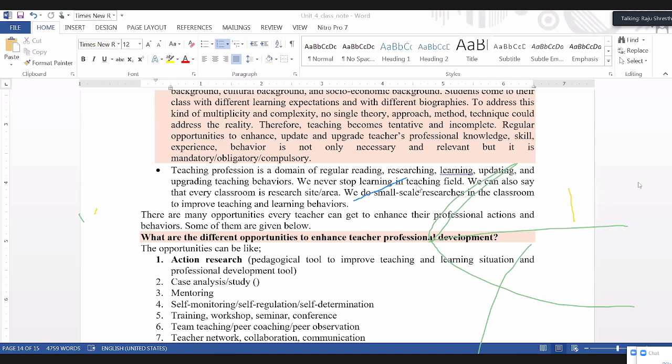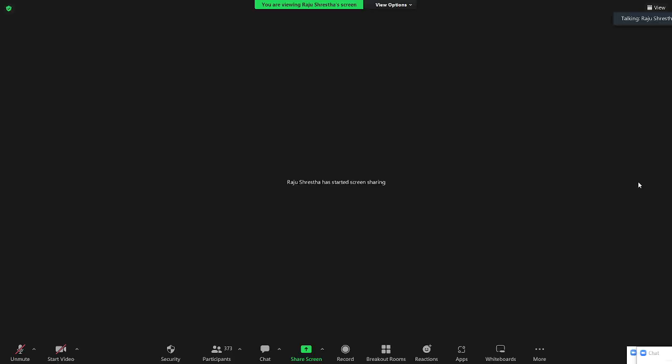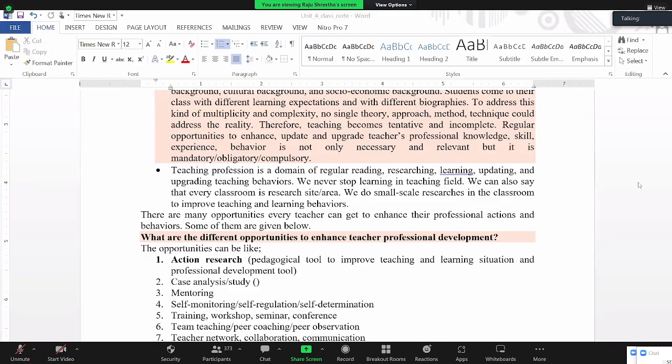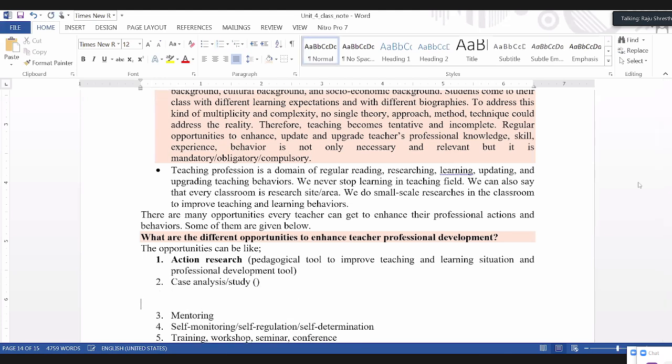Now, let me say about what this case study is. Yes. Now, case study, if you talk, case here refers to typical behavior, action, behavior and action.